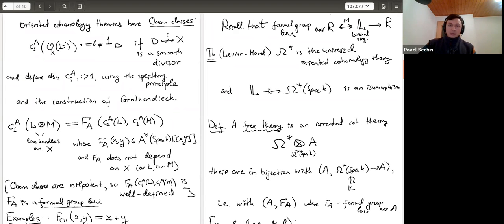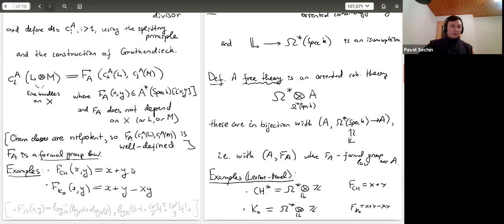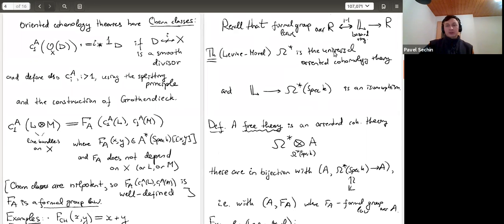Right, so we see that we have a cohomology theory with the additive formal group law, which looks like x plus y, with the multiplicative formal group law, which is by definition this one, and with the universal one. And the natural question is whether you can find cohomology theories with other formal group laws associated to them in this way.